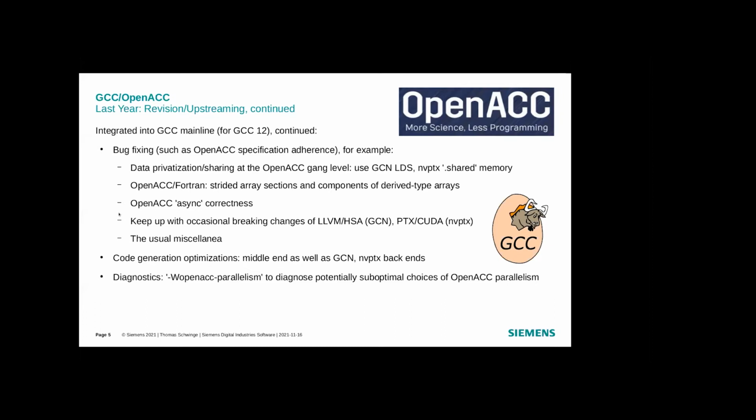We did work on asynchronous correctness. Every once in a while, we have to fix up things when incompatible changes or deprecations are made in the HSA, LLVM, or CUDA PTX worlds. And the usual stuff.